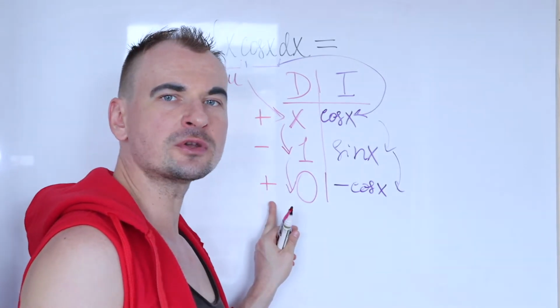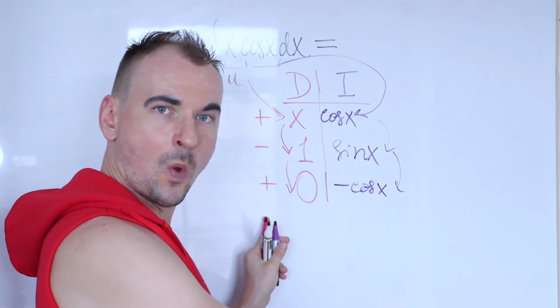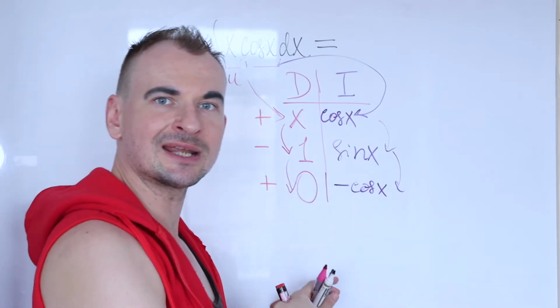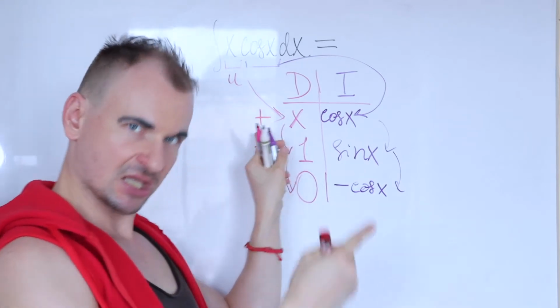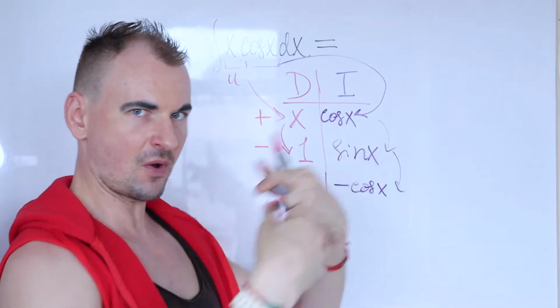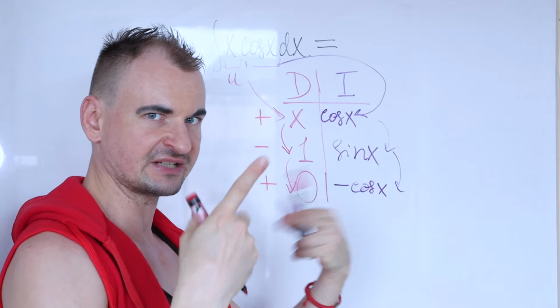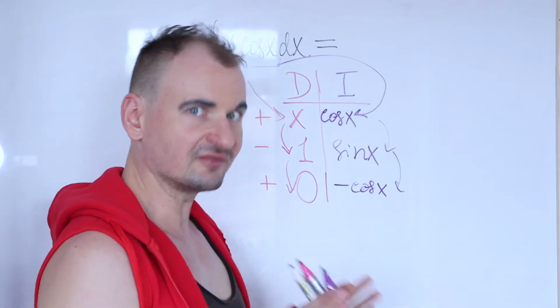And for the third row, it's going to be plus. So if you have more terms going down, you just alternate the sign. Again, you always go plus, minus, plus, minus, plus, minus. Always alternate between positive and negative. Now we're almost done.